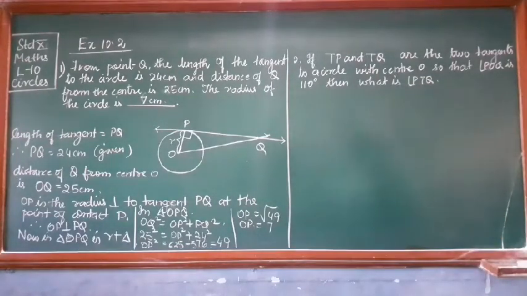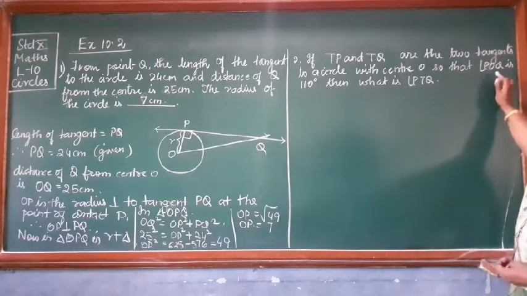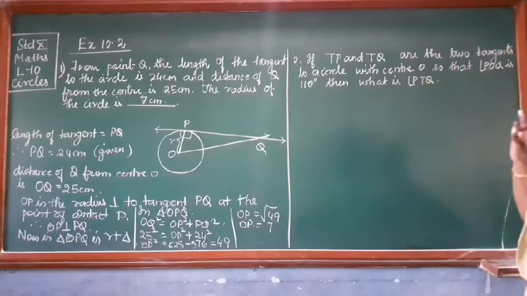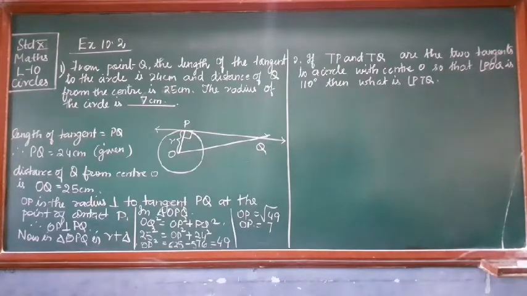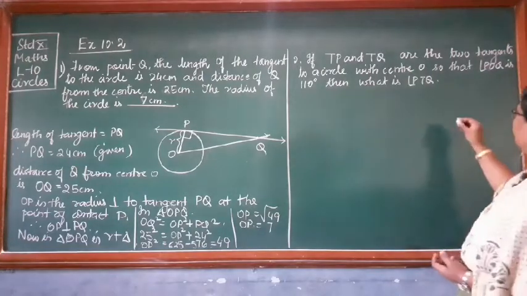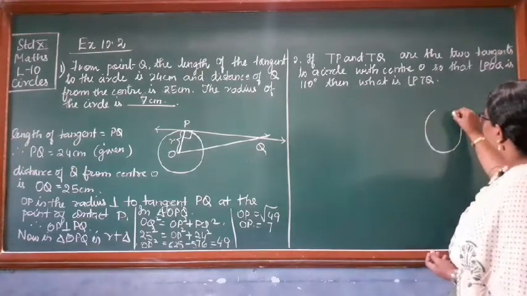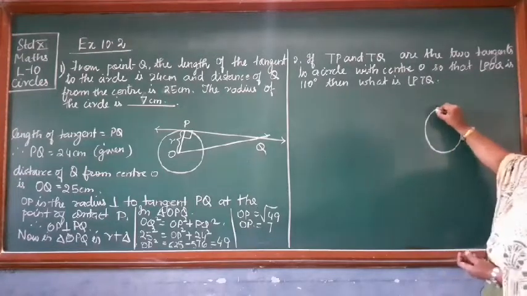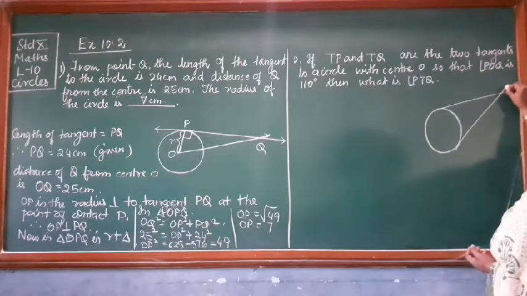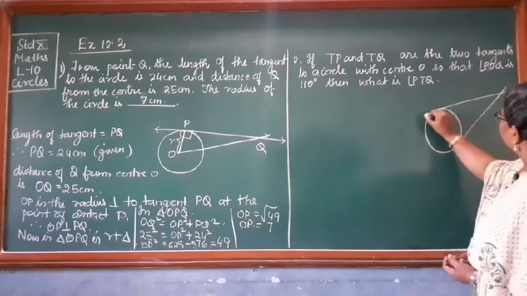If TP and TQ are the two tangents to a circle with center O, so that angle POQ is 110 degrees, what is the measure of angle PTQ? The figure is already given in your book. There is a circle, okay? There are two tangents. These are the two tangents.